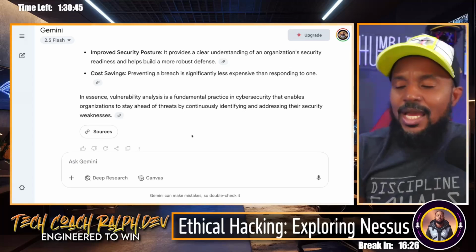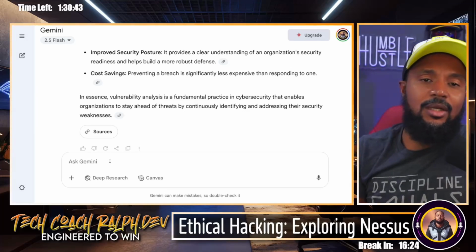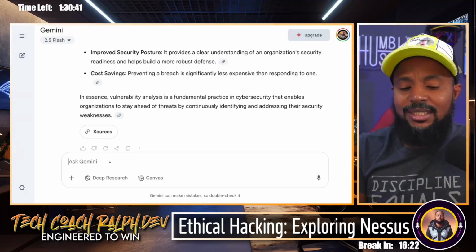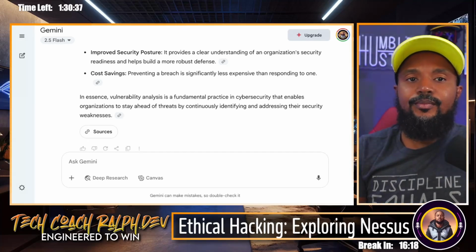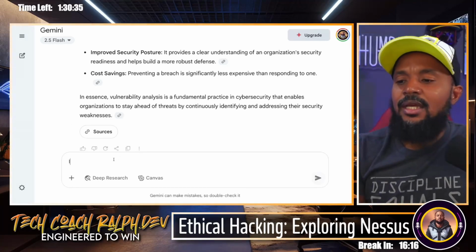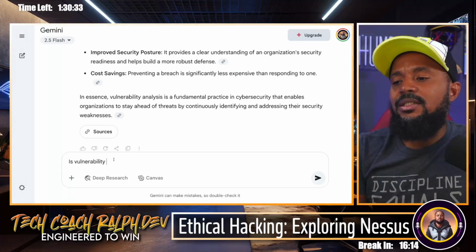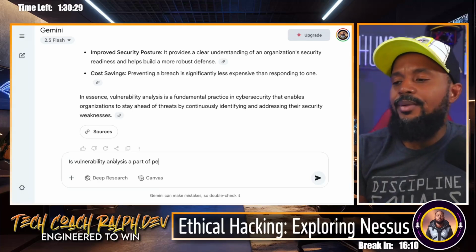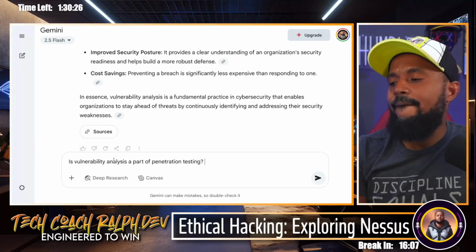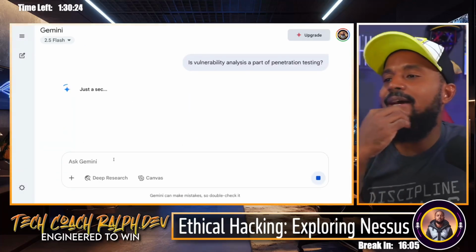All right, cool. So that is in quick recap. What is vulnerability analysis? So I also want to see. Let's ask specifically: is vulnerability analysis a part of penetration testing? Let's see what it says with that.